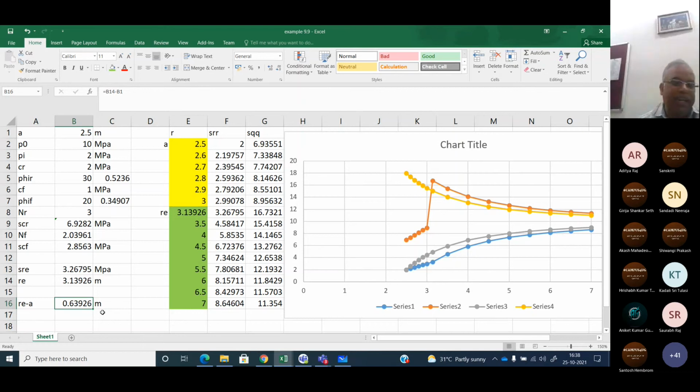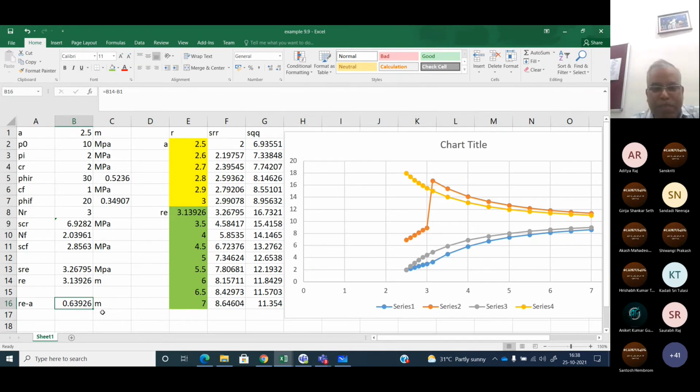Now, if I have to protect it with what we call a rock bolt, then the length of the rock bolt should be at least 0.64 meter.